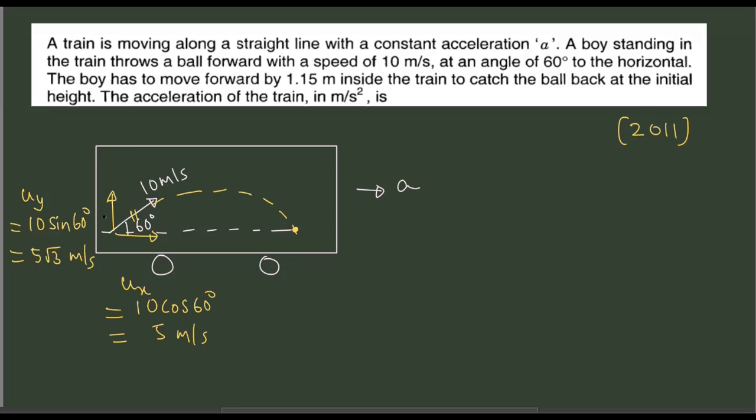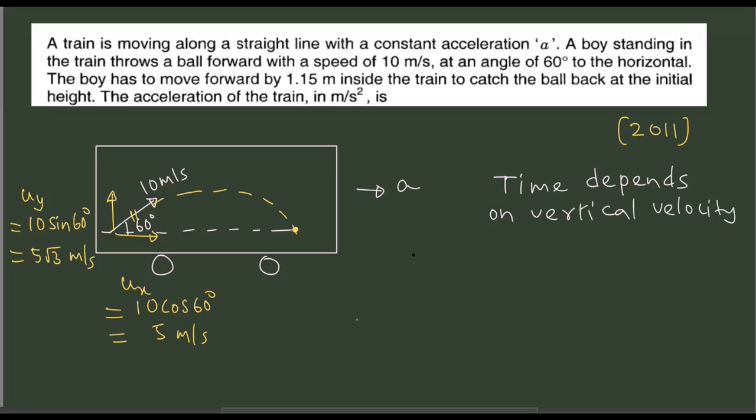Abhiram, can I say that time depends on the vertical speed? Yes. So time depends only on the vertical speed. Sidhu, are you okay with this idea? The time of flight just depends on the vertical velocity. It does not depend on what is happening horizontally.